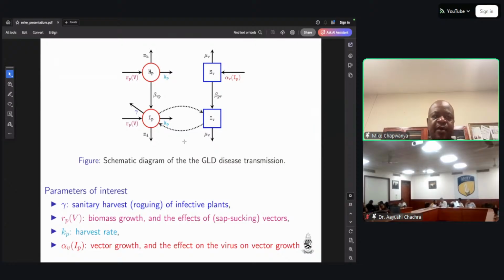So in terms of the modeling, we follow something similar to human disease, where we do compartments. In this case, on the left, the circles are the crop compartments. And on the right, the boxes are the vector compartments. It's a more simplified model where you just look at the infected crop and the healthy crop.